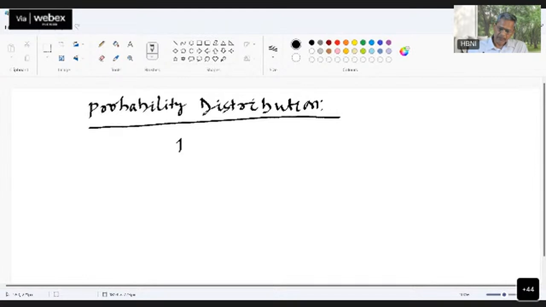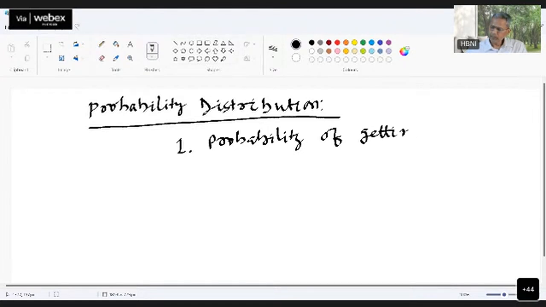Like I can write, suppose you want to find the probability of getting, just a simple example, getting head while tossing a coin, they call it a fair coin.